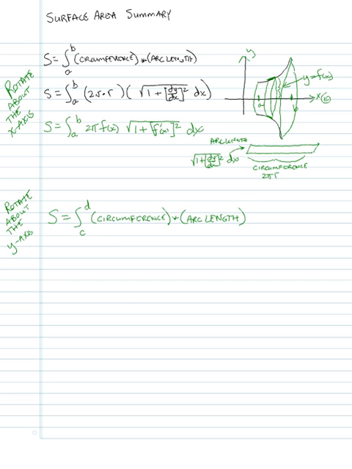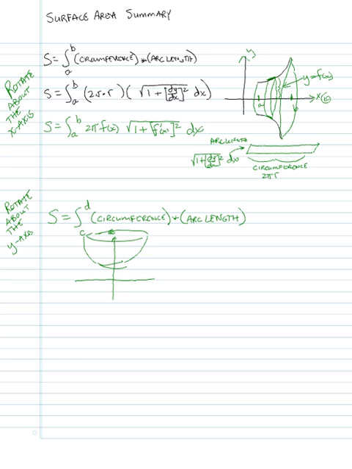But let's assume we have the same curve, just to give us something to refer to. That curve looks something like this. And if I rotate this about the y-axis, I'm going to get something that looks like this. Rotate about the y-axis.